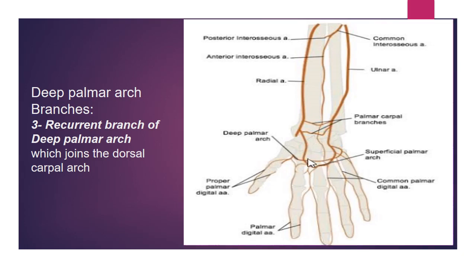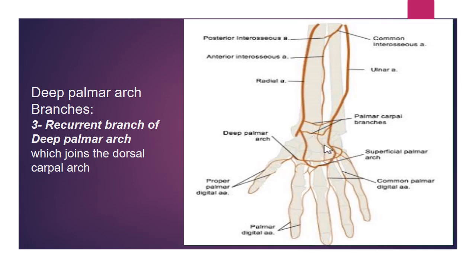From this deep palmar arch, here we have the recurrent branch. As you can see, it passes proximally to supply the carpal bones, and it ends by joining the palmar carpal arch.